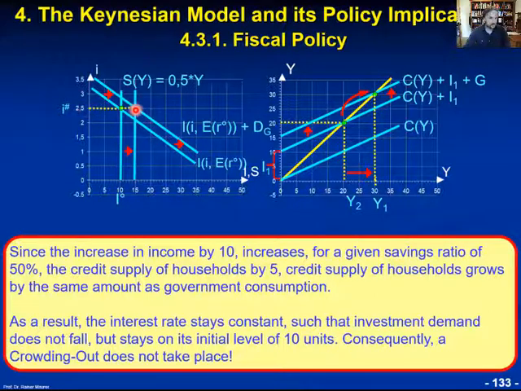It does in fact not grow, therefore it does not come to a crowding out. A crowding out does not take place under Keynesian assumptions. That's the important difference between fiscal policy under Keynesian assumptions and fiscal policy under neoclassical assumptions.